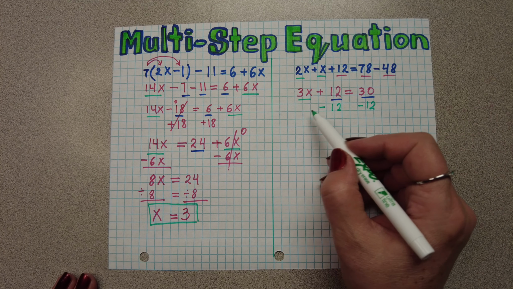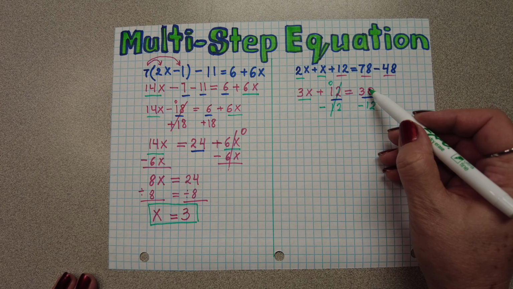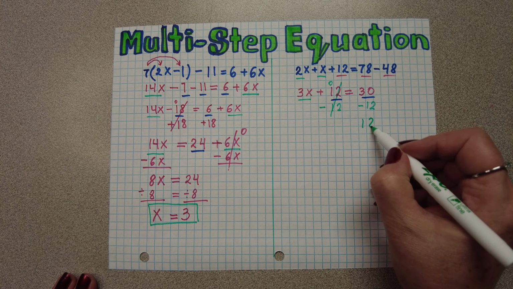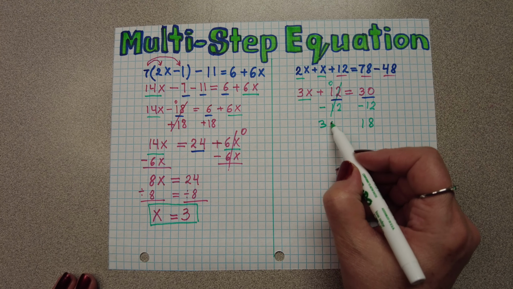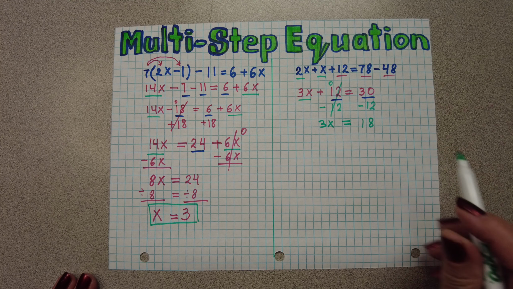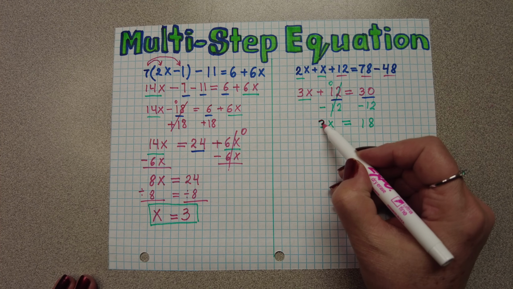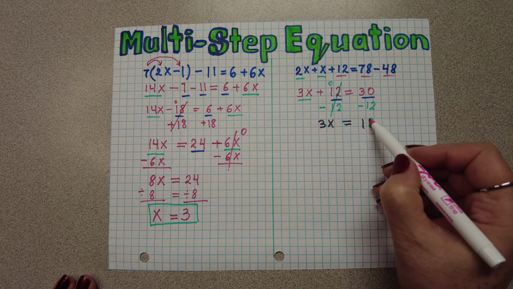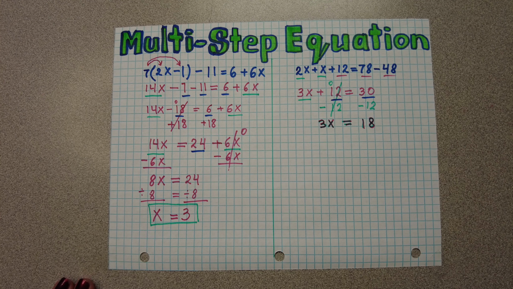So 12 minus 12 will be 0. 30 minus 12 will be 18. And what we have on the left side, 3x equals 18. Now we have 3x equals 18, which is a one-step equation that we learned before.